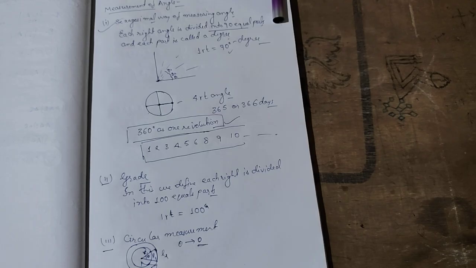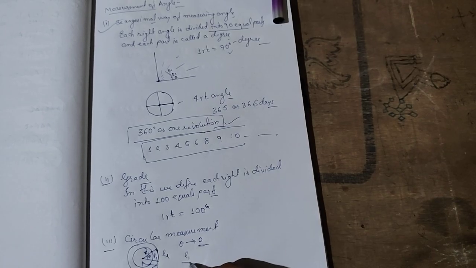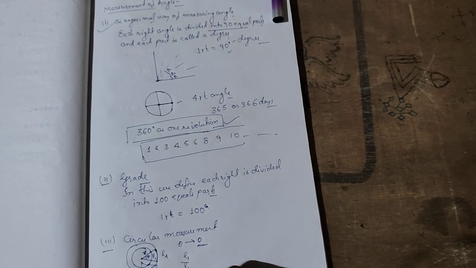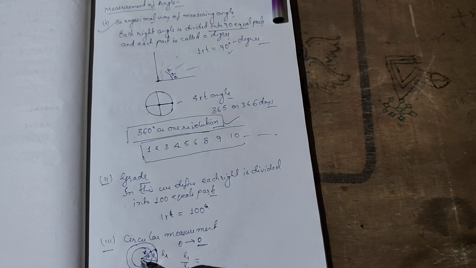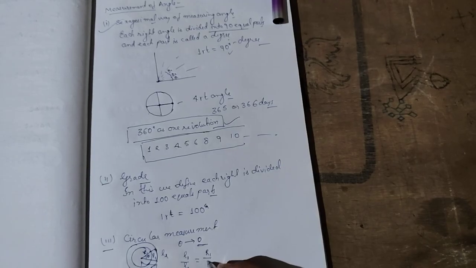So we see that L1 by L2: these two triangles are similar, so we can conclude that L1 by L2 is equal to R1 by R2.